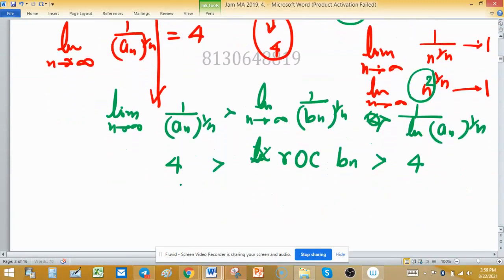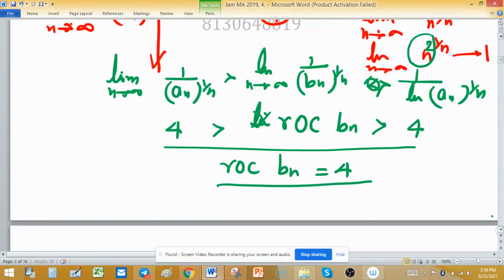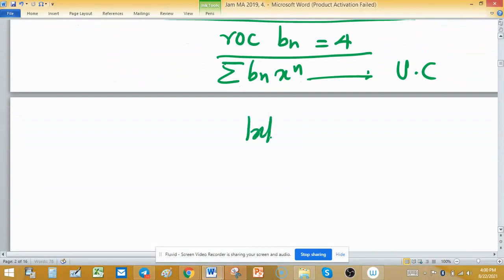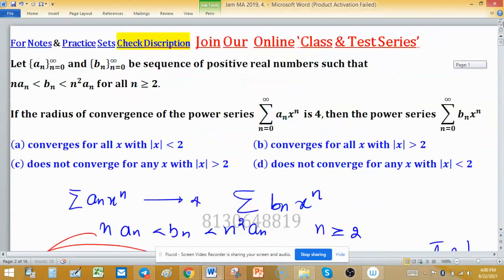So using this inequality, I can say the radius of convergence lies between the same two numbers, it means the radius of convergence of Bn is exactly 4. So this power series, summation Bn x raised to the power n, is uniformly convergent, and this will converge for all mod x less than 4.